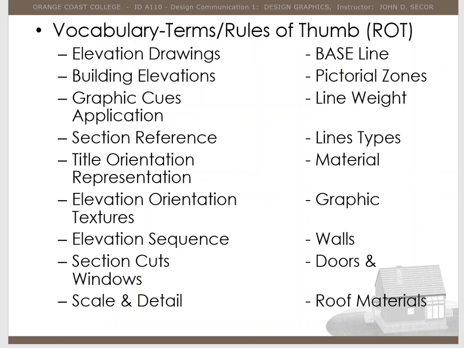Some of the graphic cues, selection resources, some elevation orientation, some textures. We're going to talk a little bit about section cuts and windows and some of these terms here, what a pictorial zone is, various line weights, line types. A lot of this is review. We'll talk a little bit about walls and doors and roofing materials and so forth.